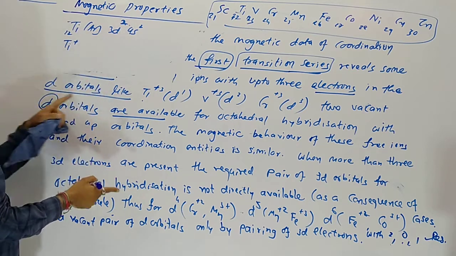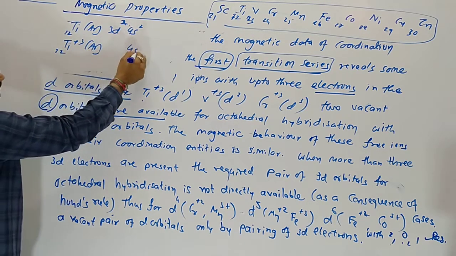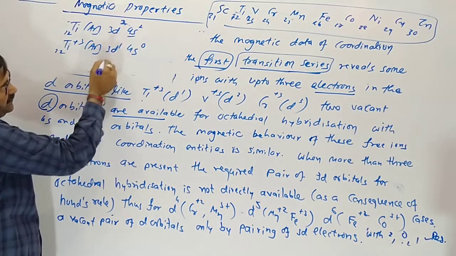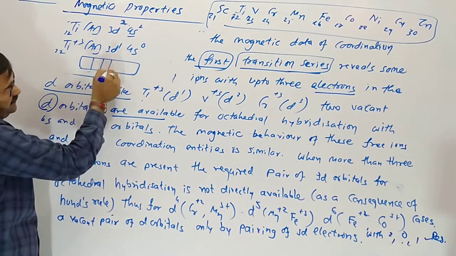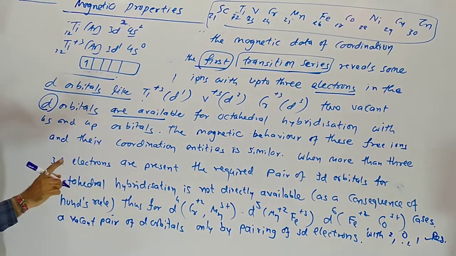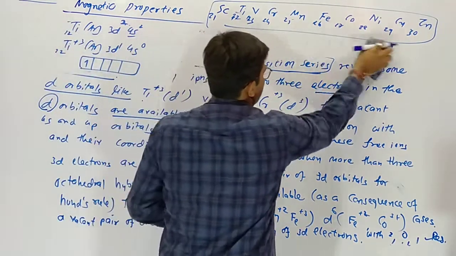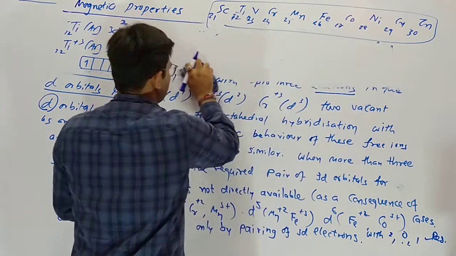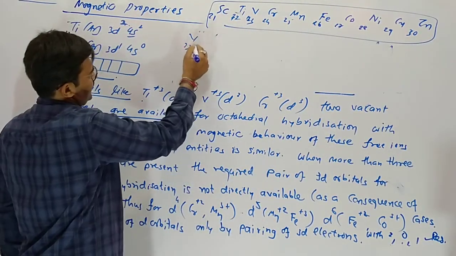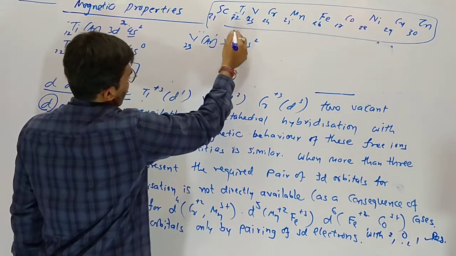In Ti plus 3, electrons are removed, so from 3d1. Only 1 electron is there, d1. In vanadium, atomic number 23, so 23 electrons.